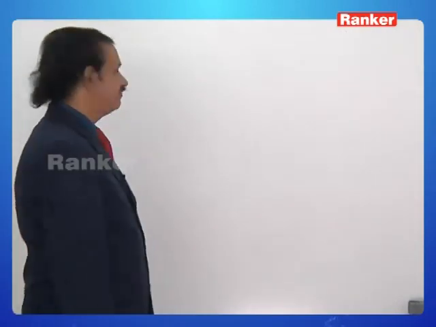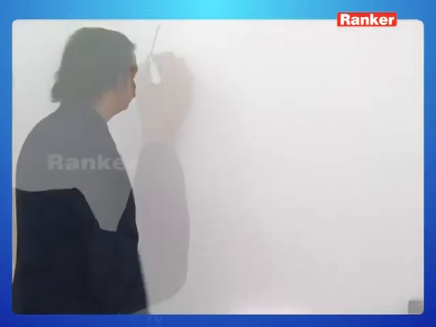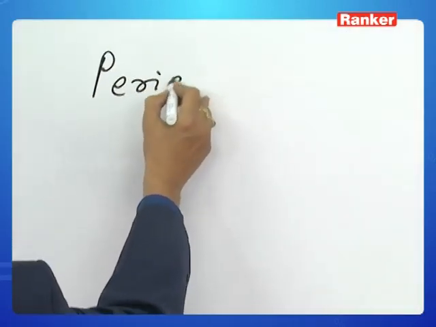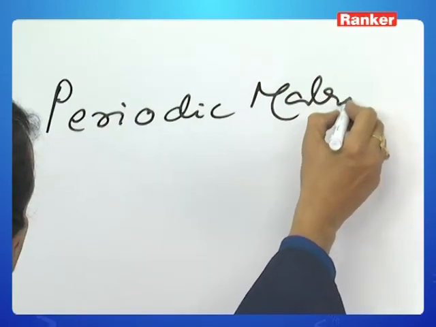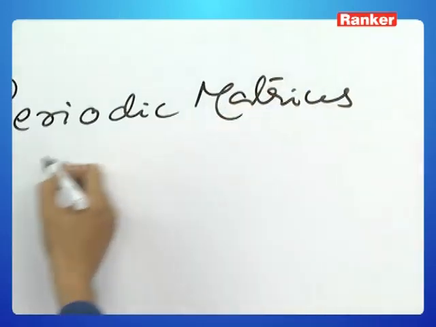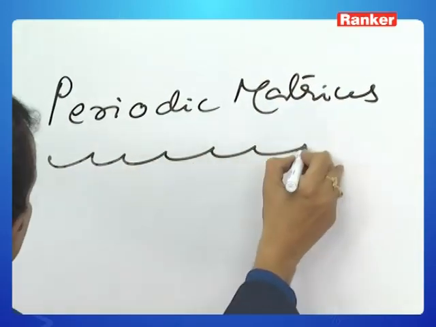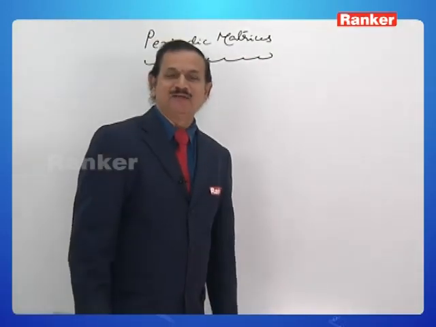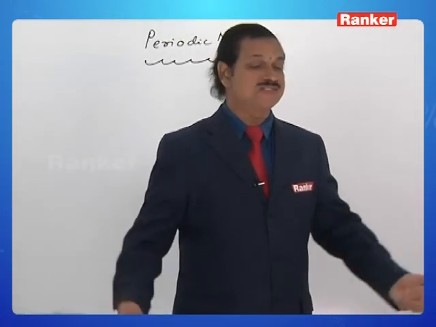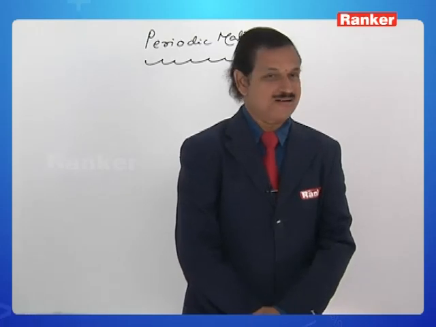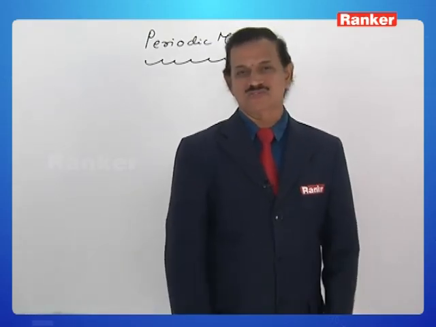The next word before us is periodic matrix. We could have periodic functions and the period of a function, but what is the periodicity of a square matrix? It's new, of course.